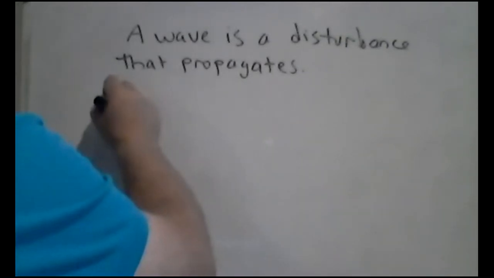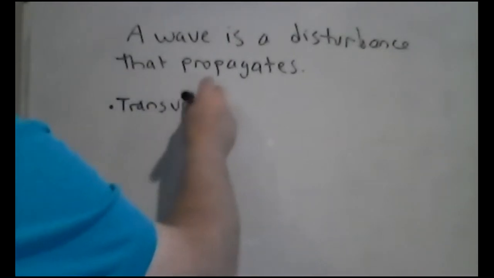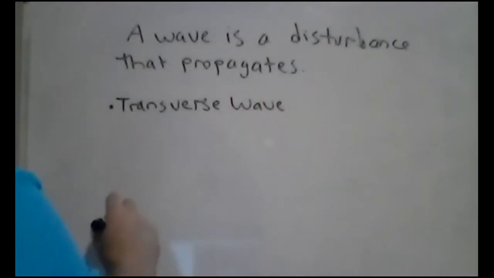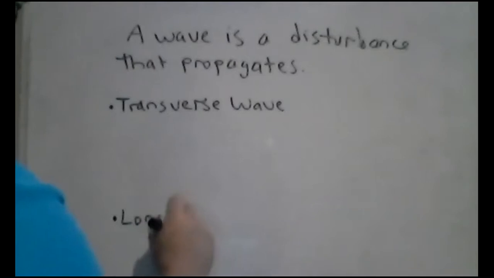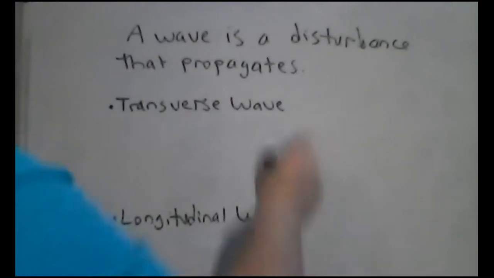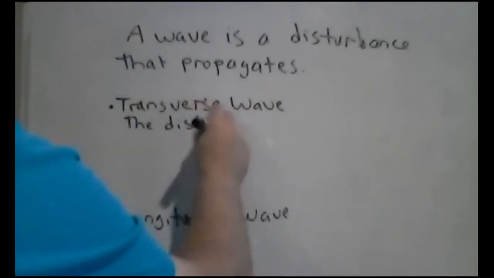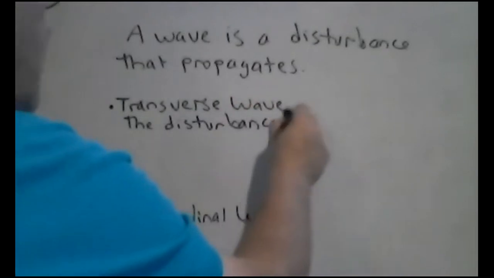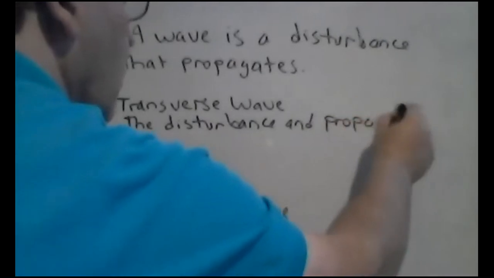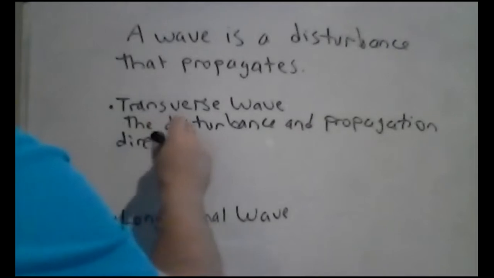So we have two types of waves: transverse waves and longitudinal waves. In a transverse wave, the disturbance and propagation direction are perpendicular.